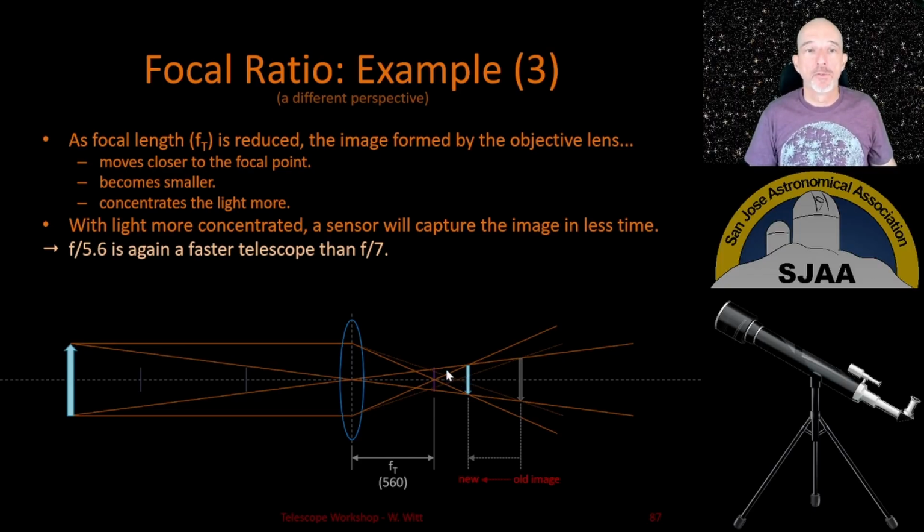And so the sensor can capture the image in less time, and it's again a faster telescope. I hope that made sense. Again, we're not collecting more light, but from the perspective of an image sensor, we've concentrated that light more, and that's why imaging can happen more quickly, and we consider this a faster telescope.